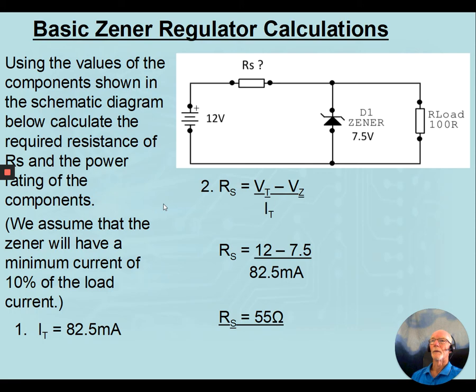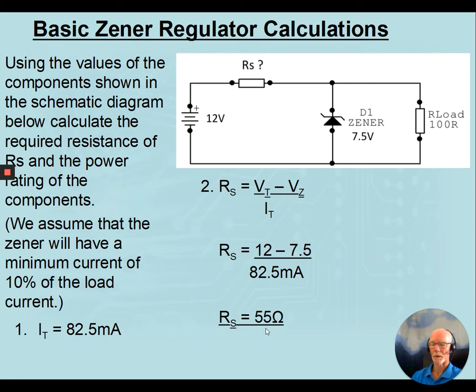So if we have 82.5 milliamps maximum current, what is the resistance of our RS going to be? We have 12 volts input, we have 7.5 volts dropped across the Zener. Therefore, what do we have left? We have 4.5 volts left to go across our resistor, divided by our maximum current, 82.5 milliamps, we have a 55 ohm resistor.